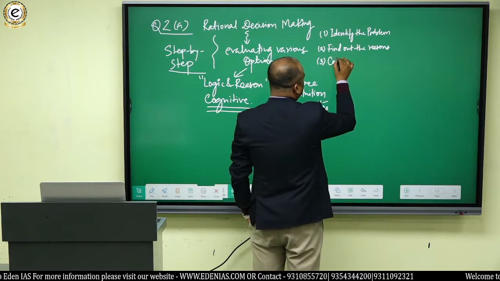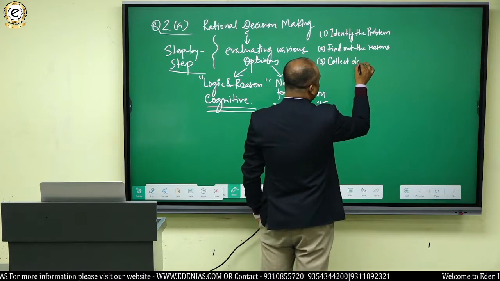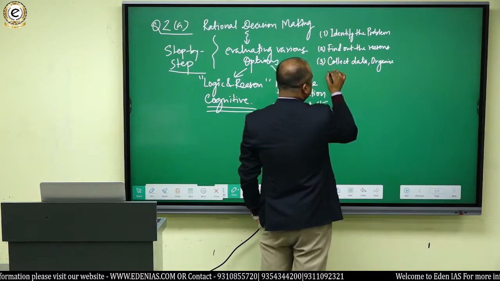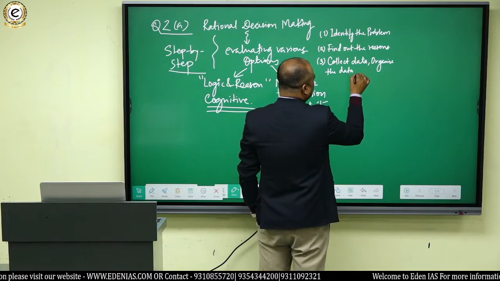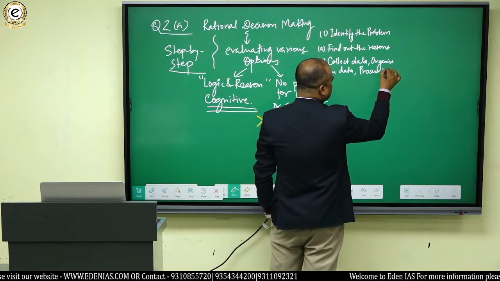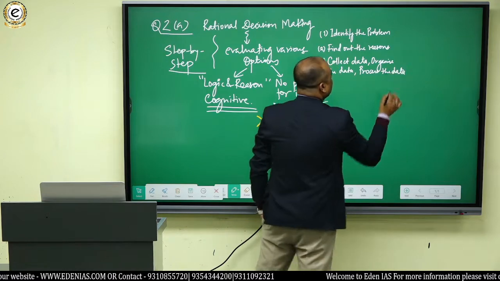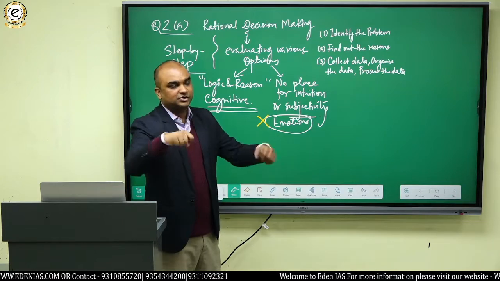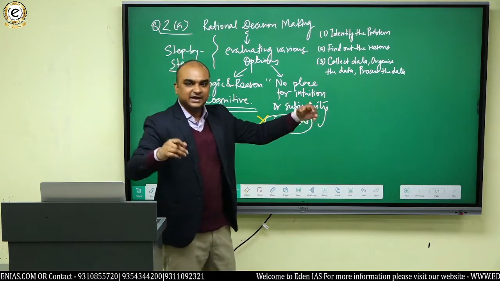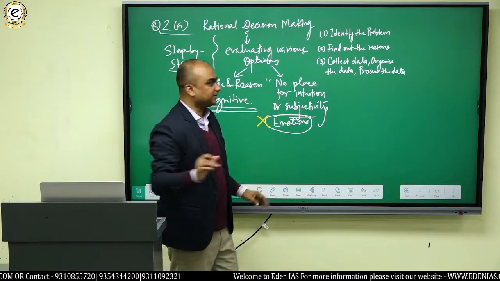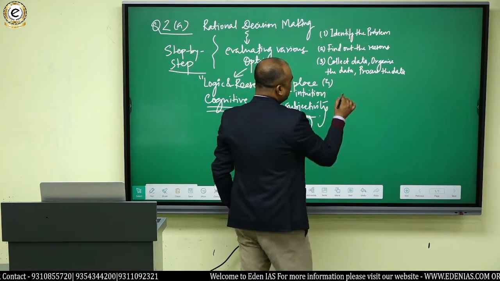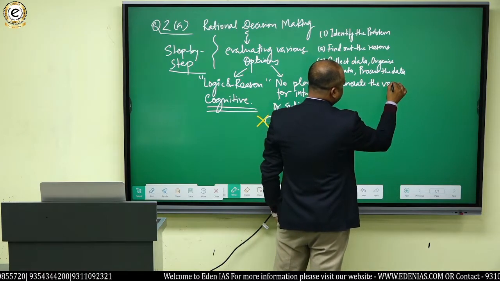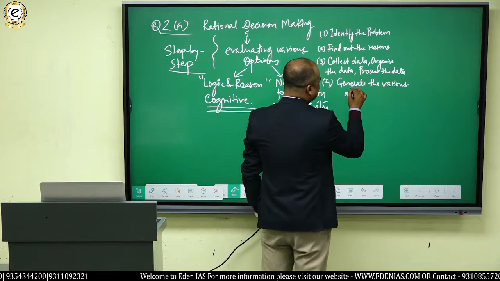Then we collect data, organize the data, and process the data to come to a conclusion with respect to what information can be drawn from that data. Data processing always helps in delivering information. Then we generate the various alternatives.